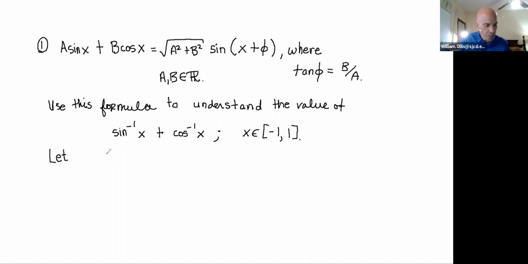And I think what I used here, I used theta and phi. Let theta be inverse sine of x, and we'll have phi be the inverse cosine of x.